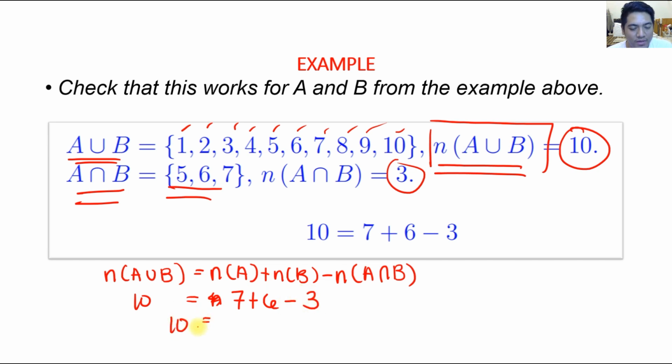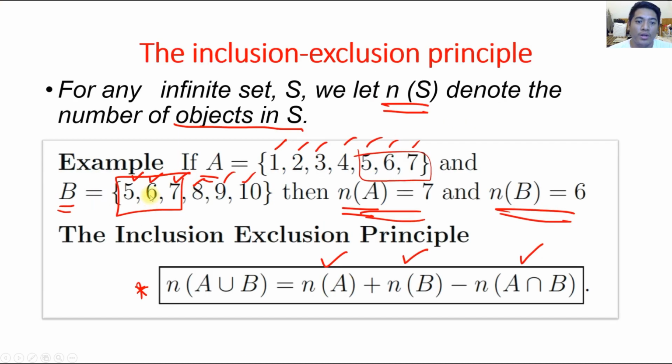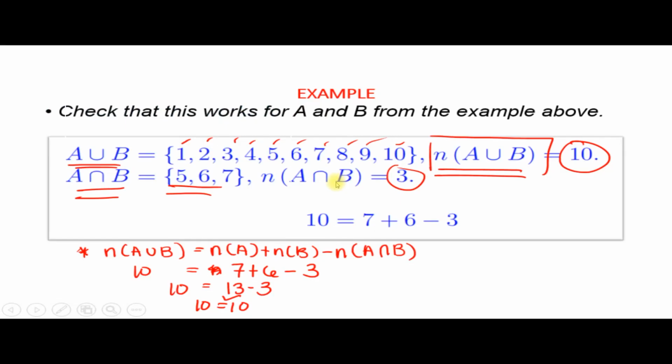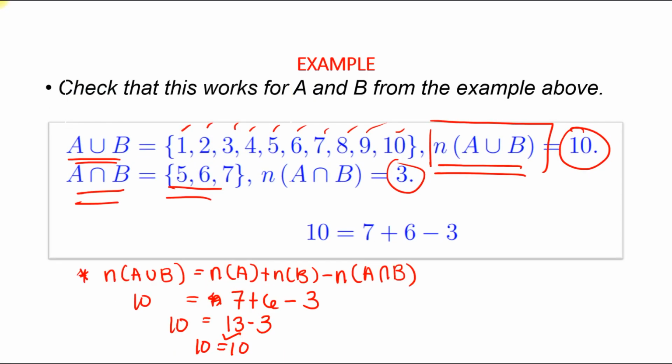So 10 equals 7 plus 6 is 13, minus 3. 10 equals 10. So the formula is proven to be true. So you can use this formula, the inclusion and exclusion principle. Nonetheless, by inspection of the different sets, you can already solve this given problem.